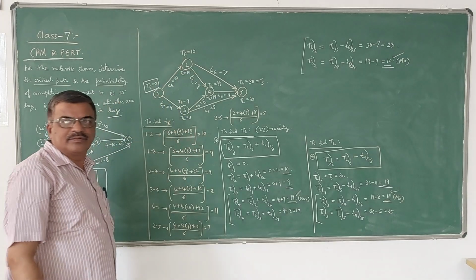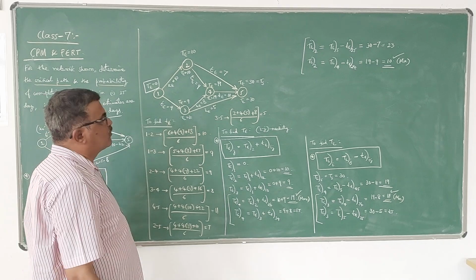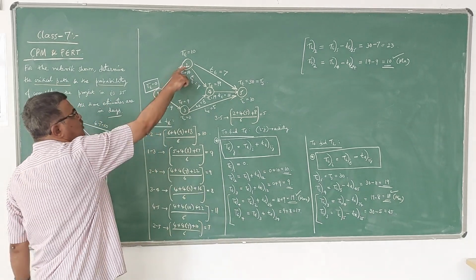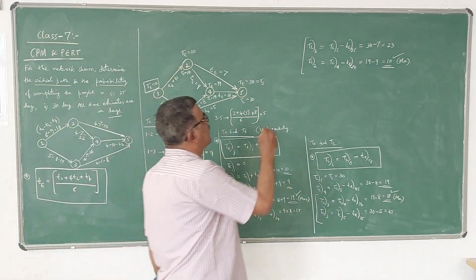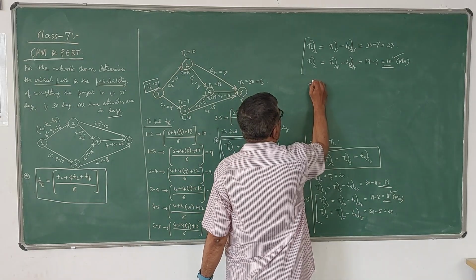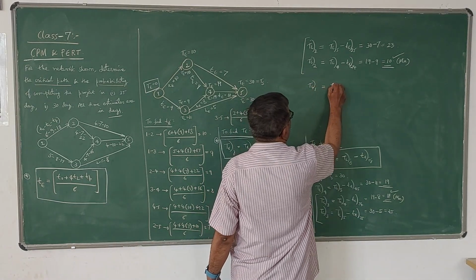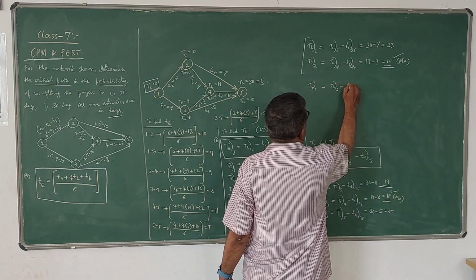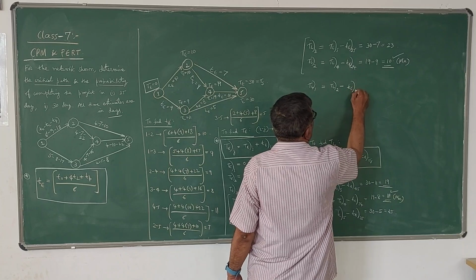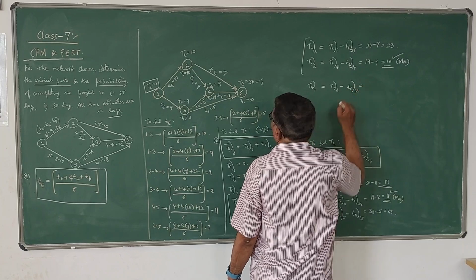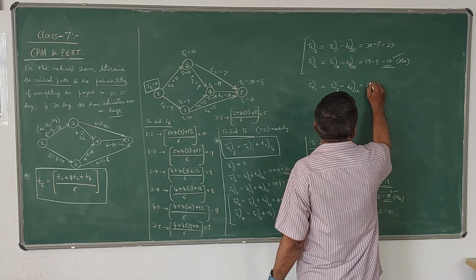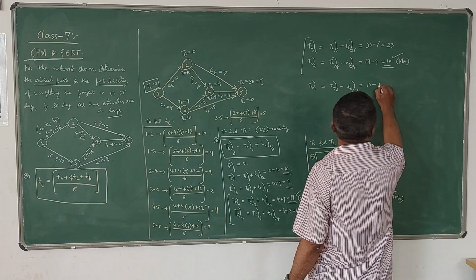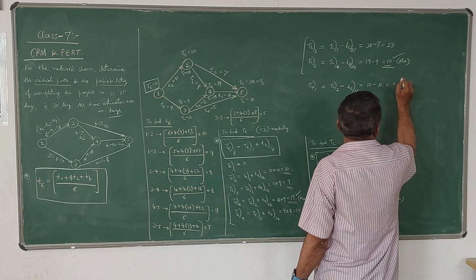Got it? Now lastly I have to go to 1. So 1 is connected to 2 and 3. So you can calculate TL1 using two criteria. One is TL2 minus TE of 1 2. TL2 is 10 now, minus TE of 1 2 is 10. So you are getting 0.